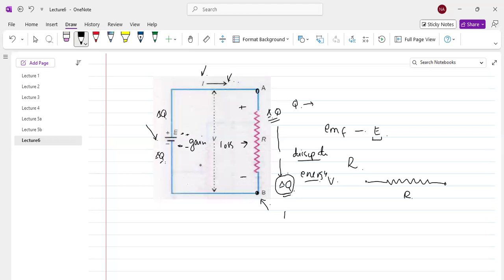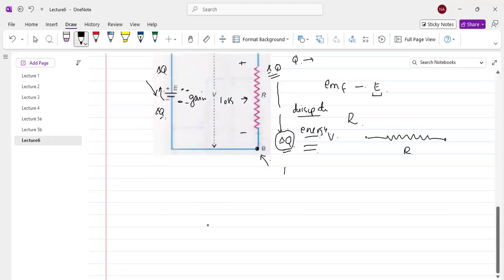So what the battery does is continuously provide energy to the charges, and when these charges pass in the form of current through the resistor, this energy is dissipated in the resistor. Now the question is, how much energy is provided by the battery to the charge?